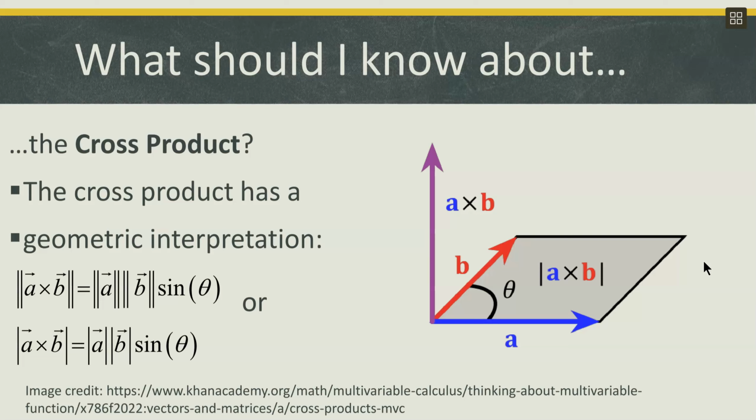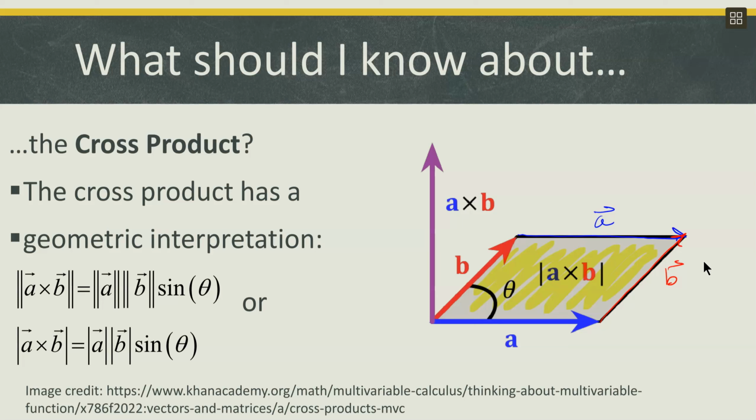If you were to take the cross product of 2 vectors, let's say A and B, and then find the magnitude of that vector, then that magnitude would be the same as the area of a parallelogram built out of the 2 vectors A and B. So this parallelogram we have here, its area is the magnitude of vector A cross vector B.